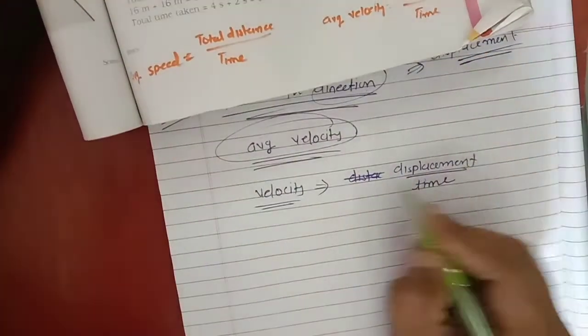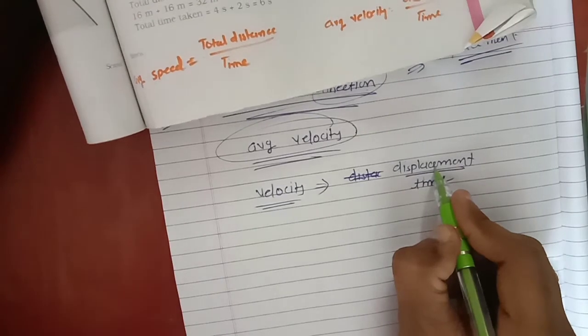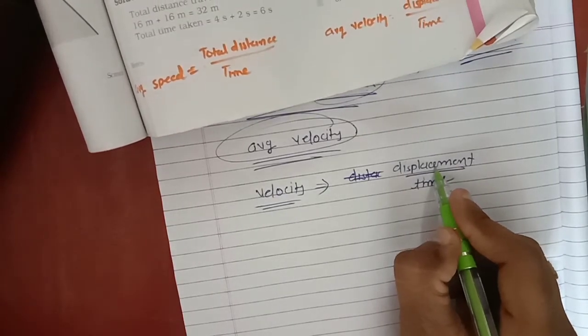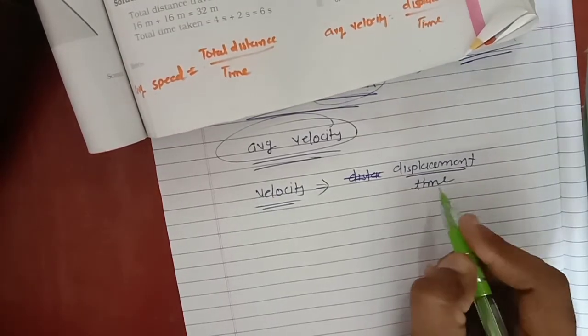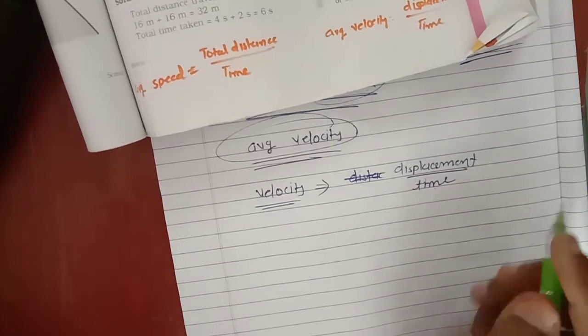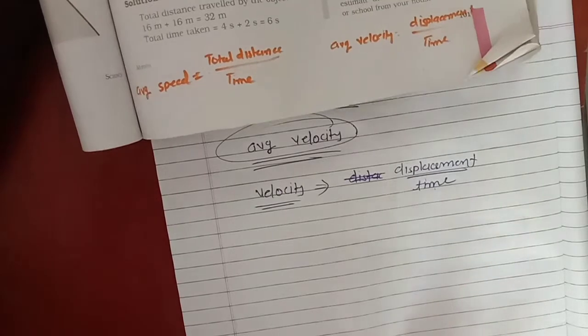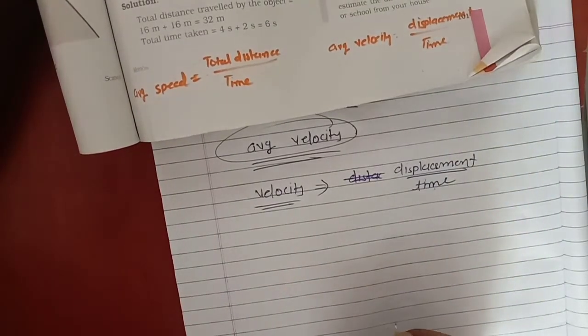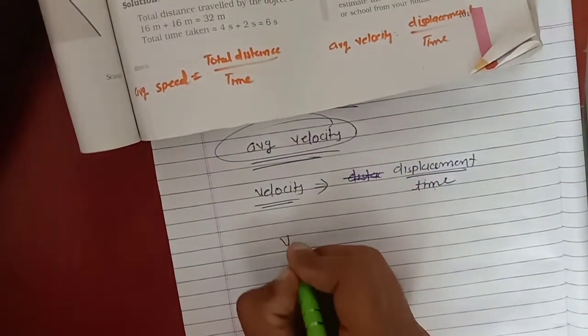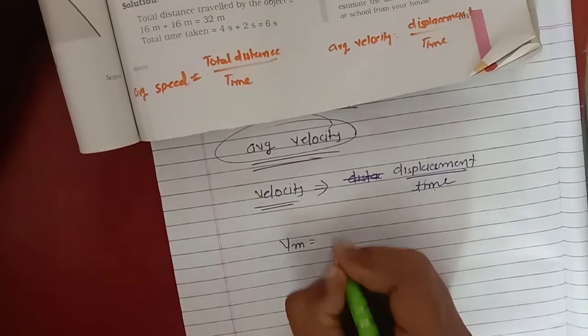What is displacement? Displacement is final position of object minus initial position of object, and time taken to reach final position from initial position. It is what? Your time. Clear? And average velocity is equal to what?